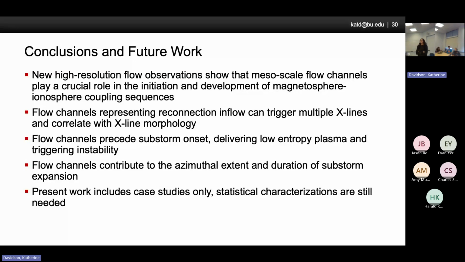The ISR measures the flow along the beam direction. Yeah. So if you have two beams that are facing each other, then you might get a component of velocity that you don't measure, perpendicular to those.